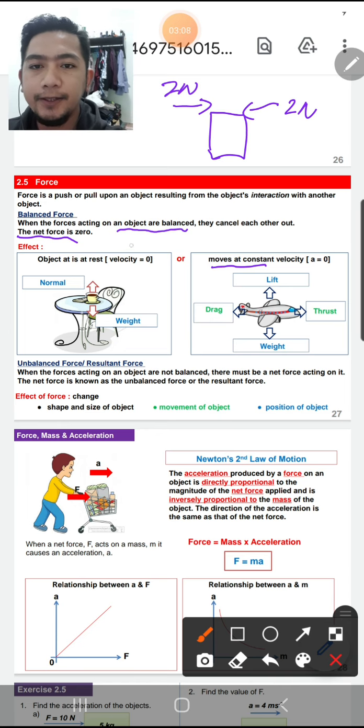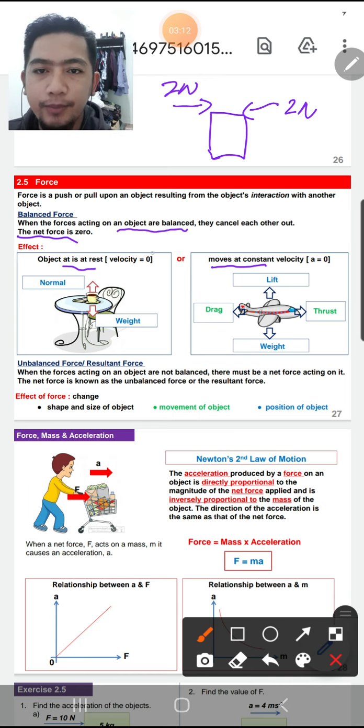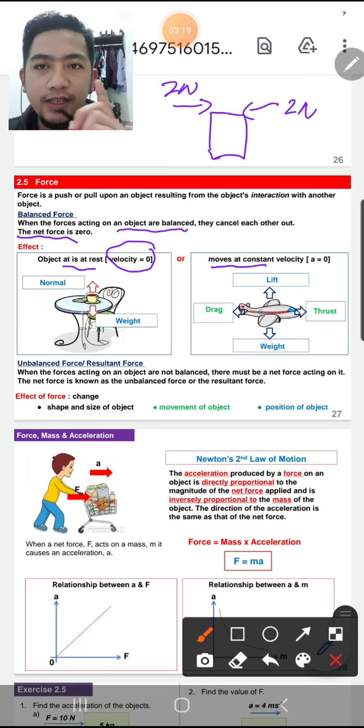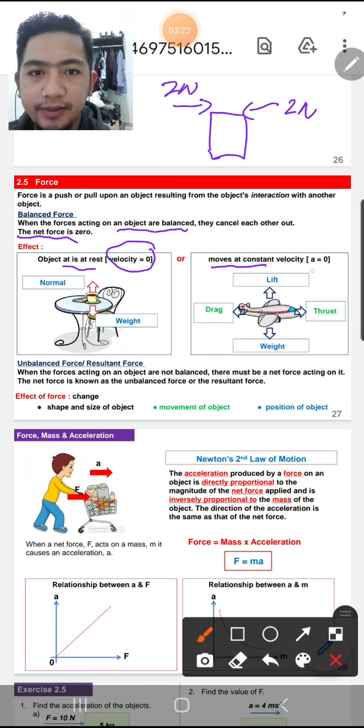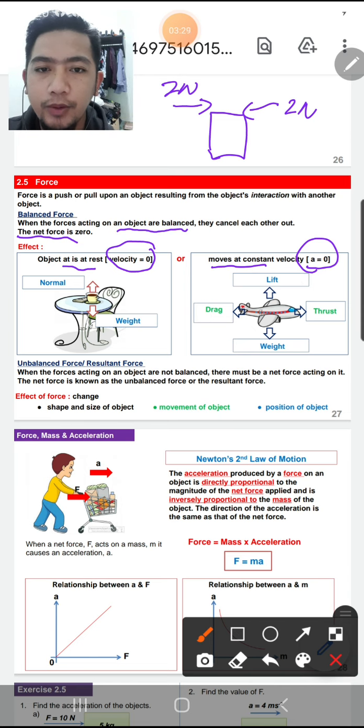This is the two main points. Okay, object is at rest means the velocity is 0. Object moves at constant velocity, the object still moving, but there is no acceleration. A is equal to 0. Okay, this situation you should understand. When you answer the question, you need to understand what the situation given.